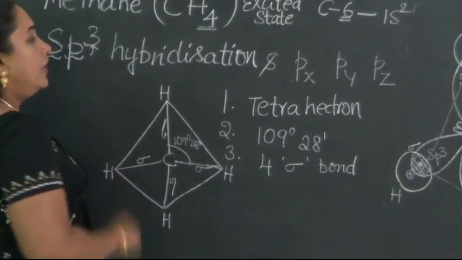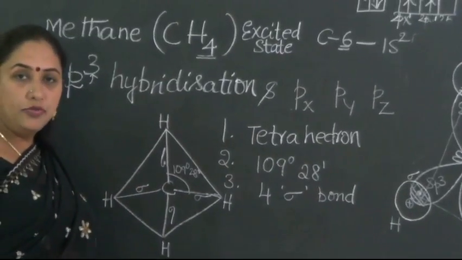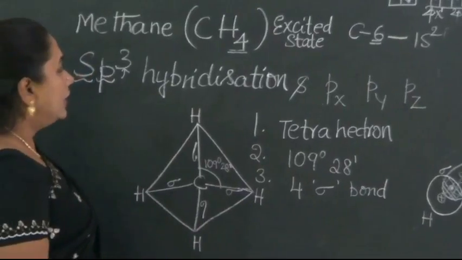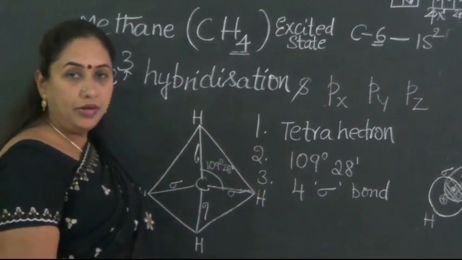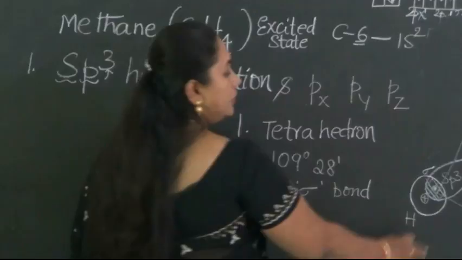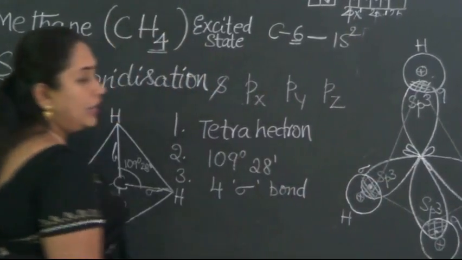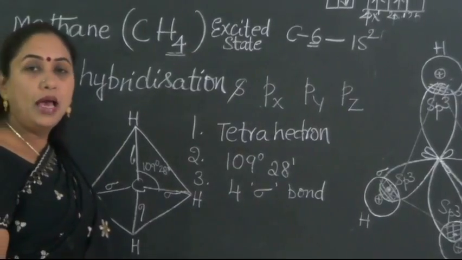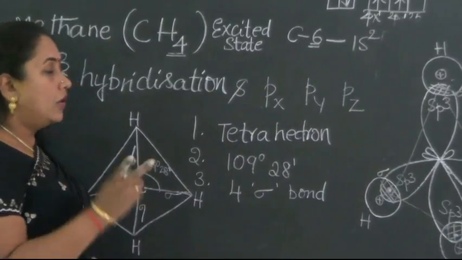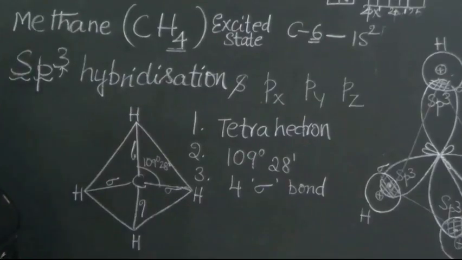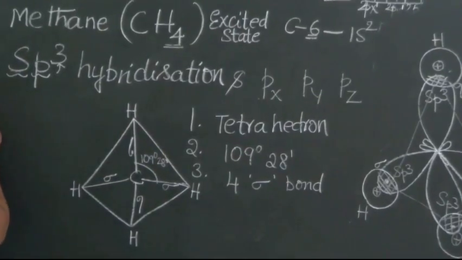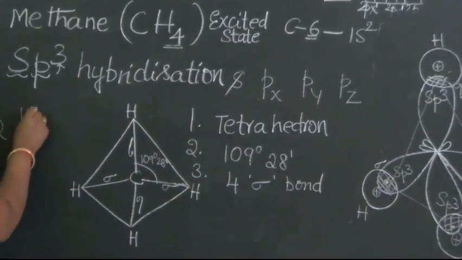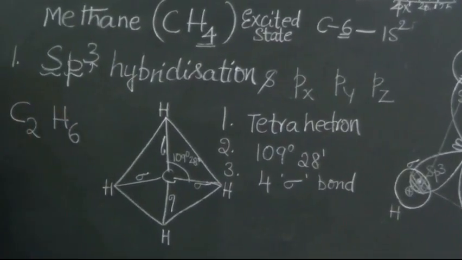In a similar way, the ethane molecule is also formed. Now in case of ethane, the change that you need to remember is whatever we observed with respect to one carbon atom in methane, the same kind of hybridization would be happening with 2 carbon atoms in case of ethane, because ethane has a molecular formula of C2H6.